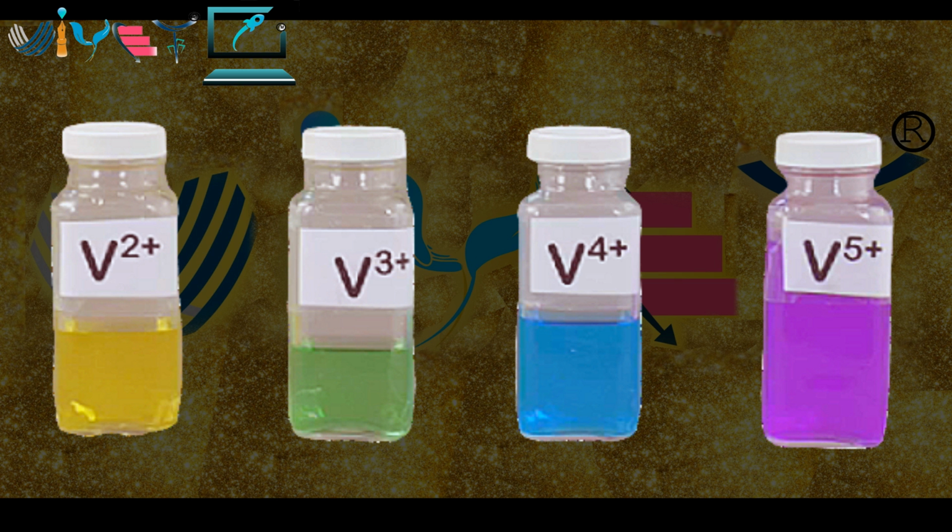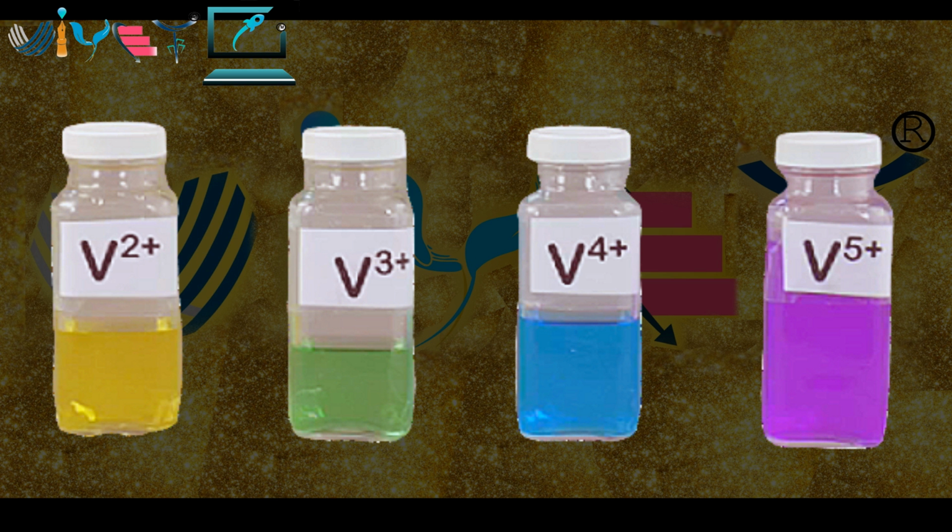It is called V(H2O)6, so six water ligands, and with vanadium it is called the lilac.